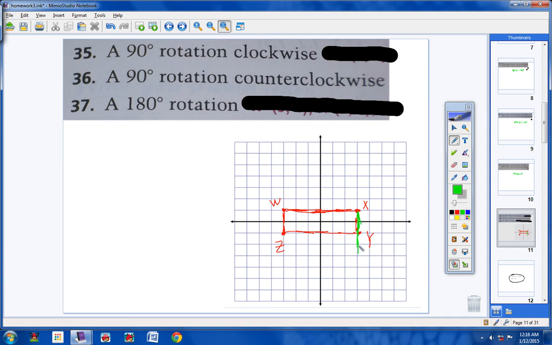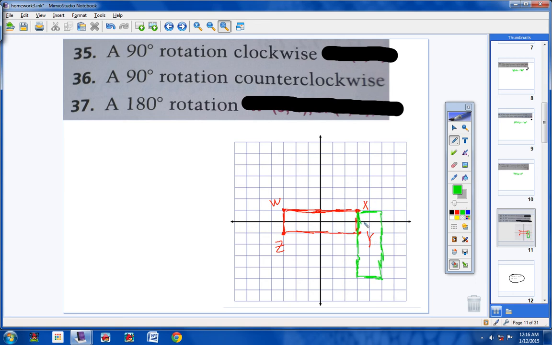So 1, 2, 3, 4, 5, 6. Okay. And of course, let's see, if this line here, if WX rotated to here, then the rest of the rectangle would be out here like this. So there it is.